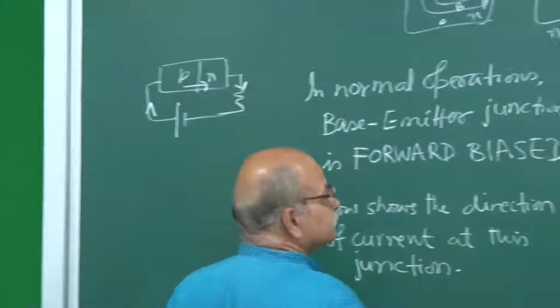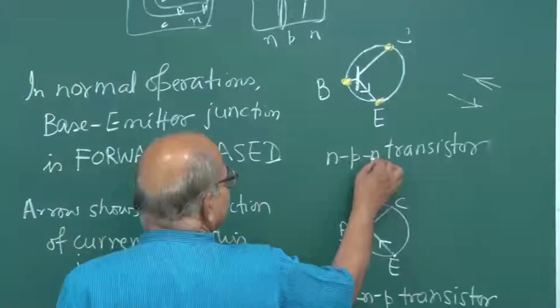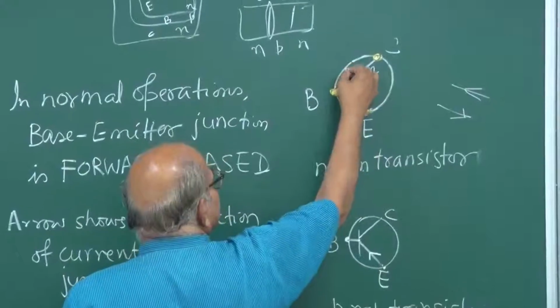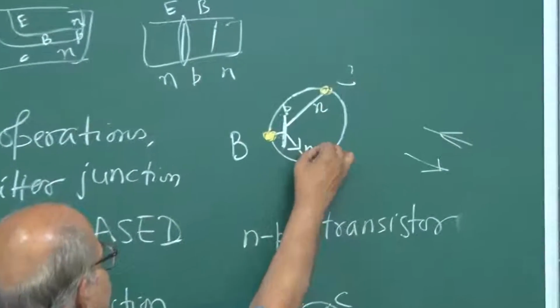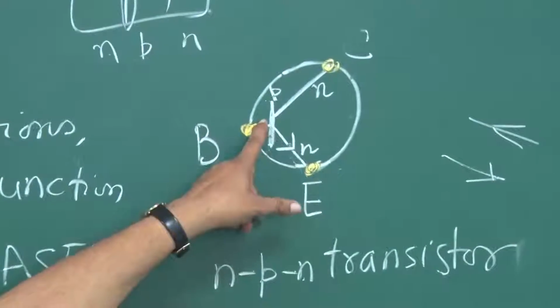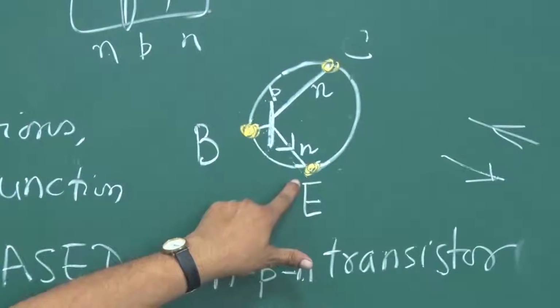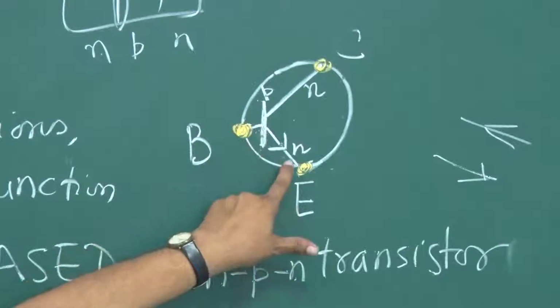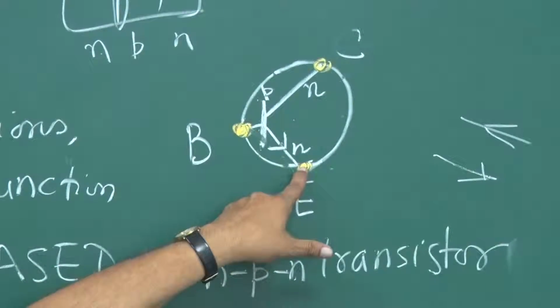If this is an NPN transistor, then this is N, this base is P, and this emitter is N. So at this base emitter junction, the current should flow from P to N, that means from here to here, and therefore the arrow is like this.